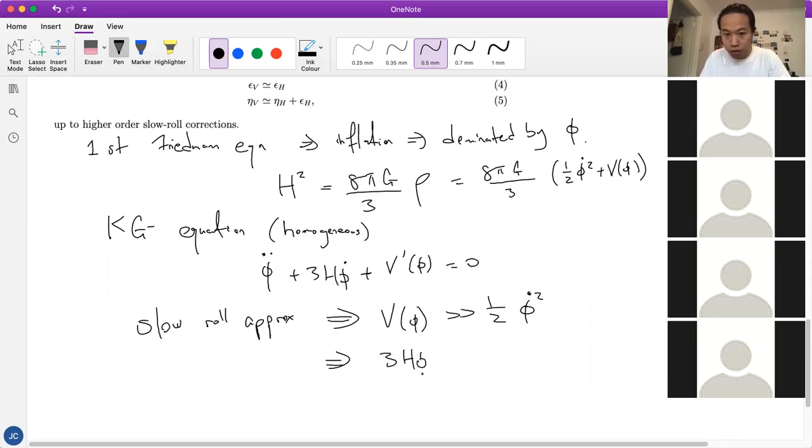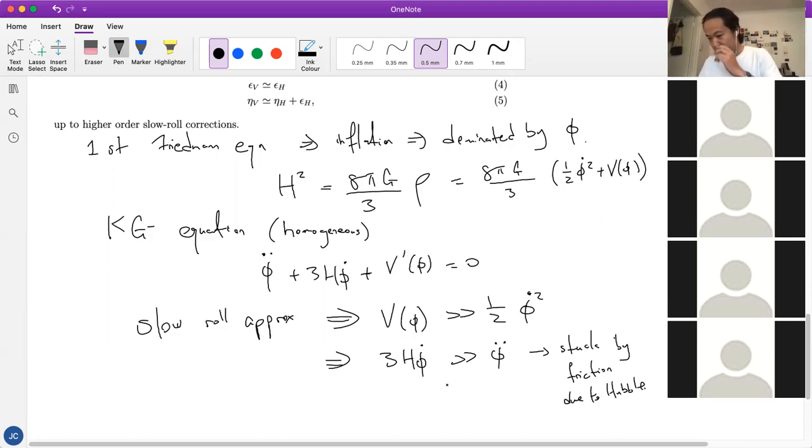So your Hubble friction in the Klein-Gordon equation is much larger than the actual acceleration of the field. So this is like stuck by friction. You can think of it as an extremely overdamped oscillator where the damping term is much larger than your driving term. Or not driving term, your actual acceleration.